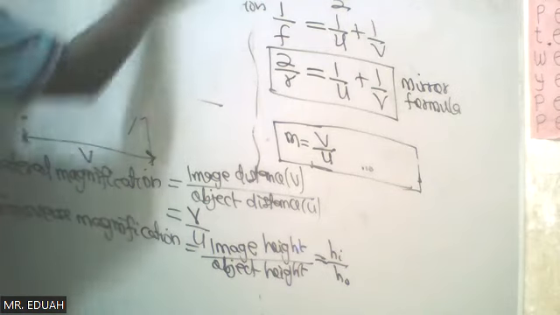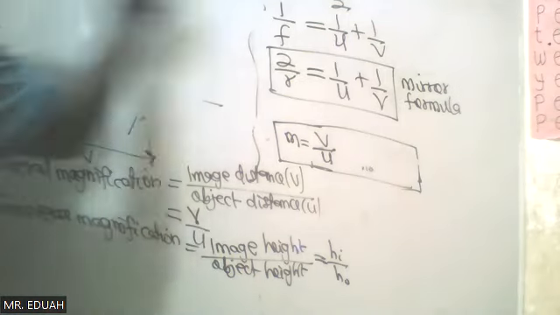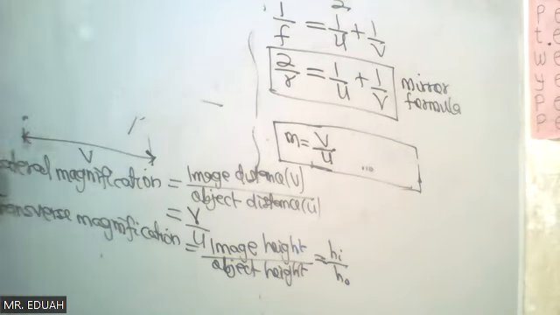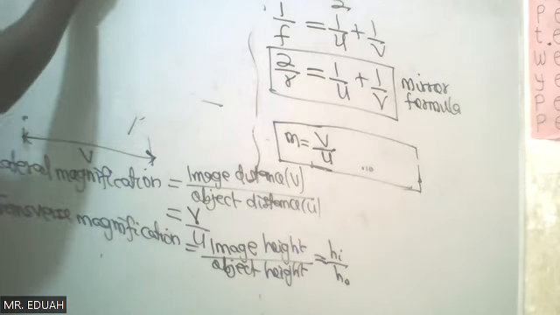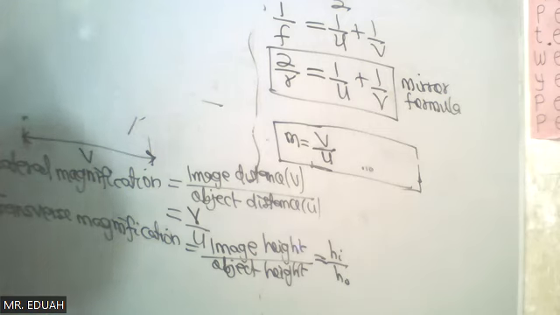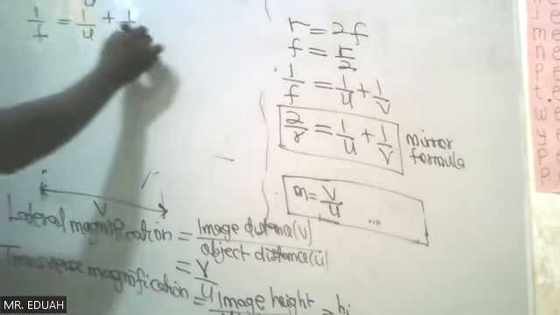If I want to modify this equation to suit M, from the mirror formula, I'll multiply through by M.